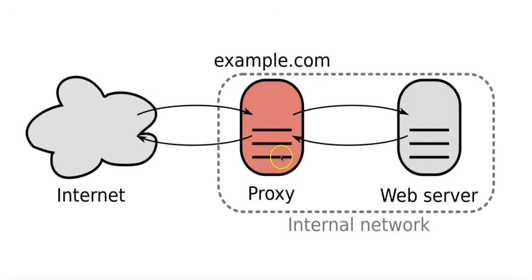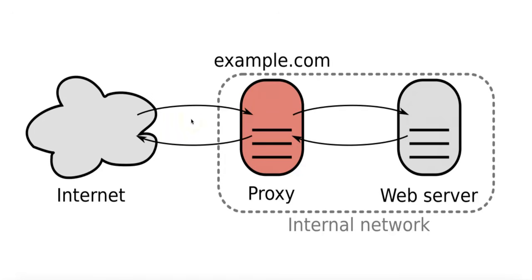It then forwards the request to some internal web server, which is the oval here on the right. The internal server delivers the requested resource back to the proxy, which in turn delivers it to the client. But note that the client on the internet is unaware of the internal network and cannot tell whether it's communicating with a proxy, in this case a reverse proxy, or directly with a web server.